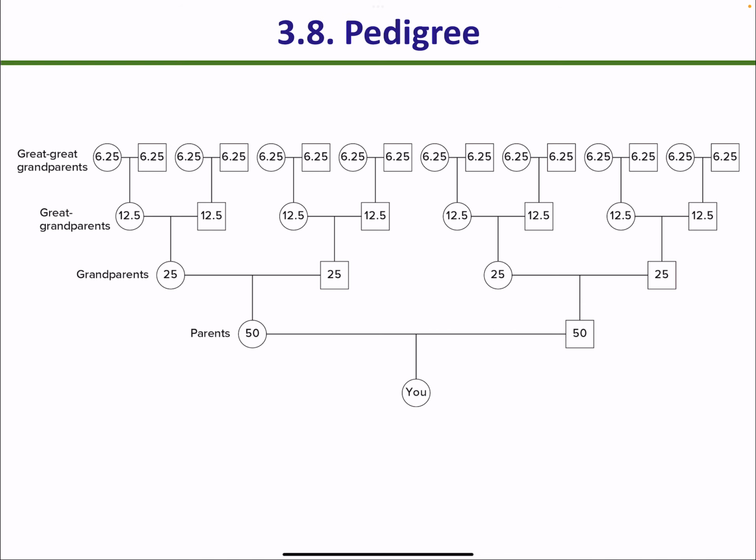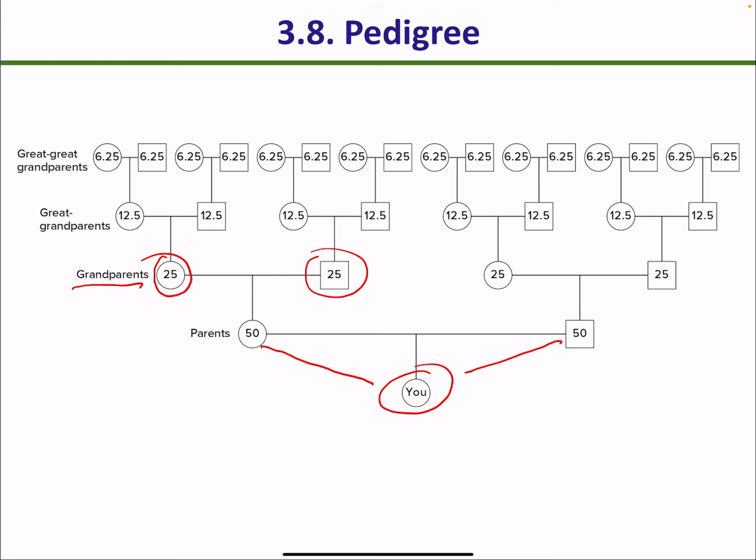For instance, when you consider this pedigree here, you have half the amount of genetic information that your parent has, right? You are 50% of your mom and 50% of your dad, right? But now, when we go to your grandparents, the genetic information that is found in you only represents 25% of your grandparents.